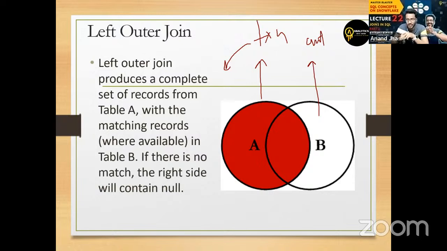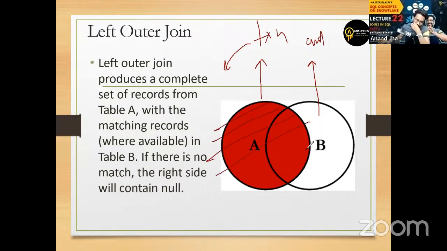So left outer join produces a complete set of records from table A with the matching records wherever available in table B. This is the general definition. As evident from the circle, I need a complete set of records. Why complete? Because suppose A is a transaction table, I'm picking all the columns.